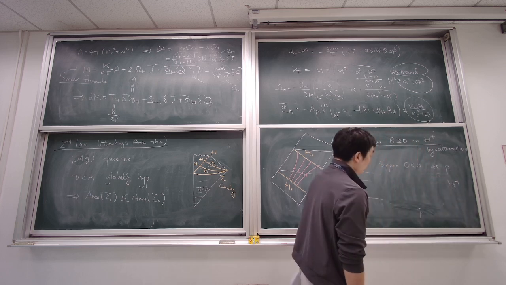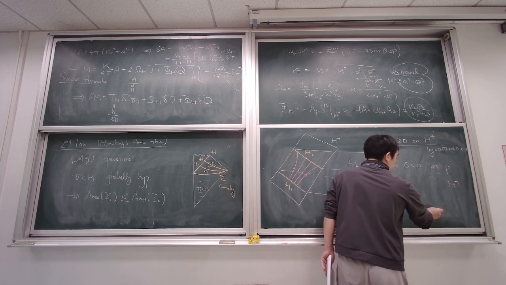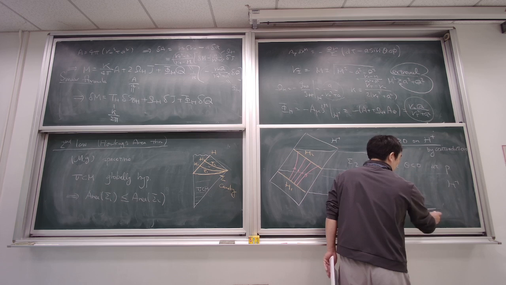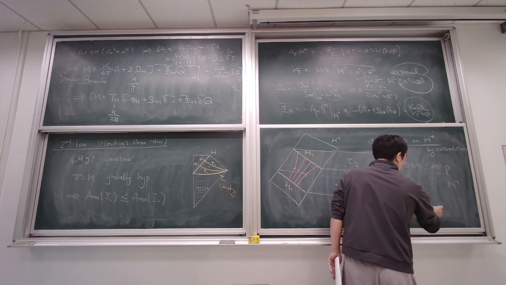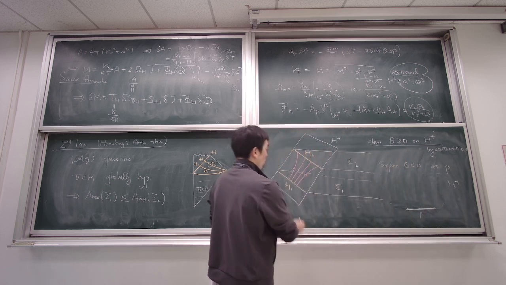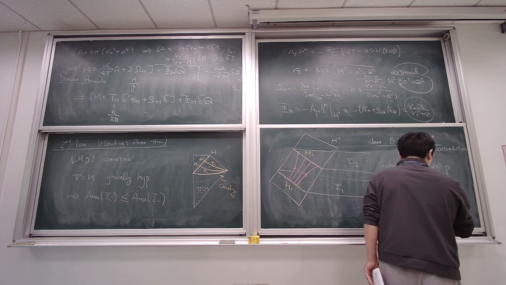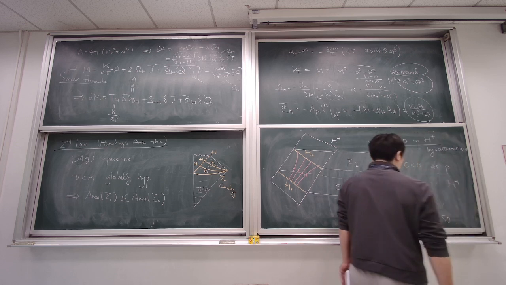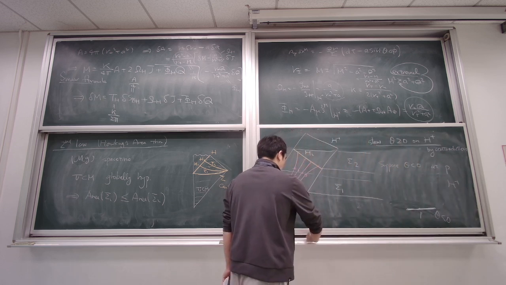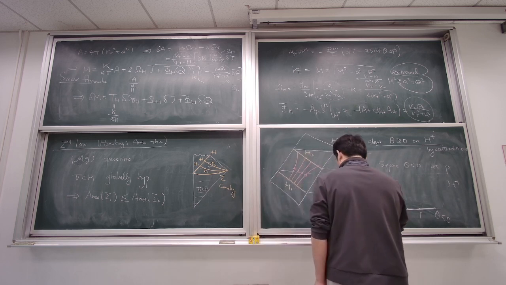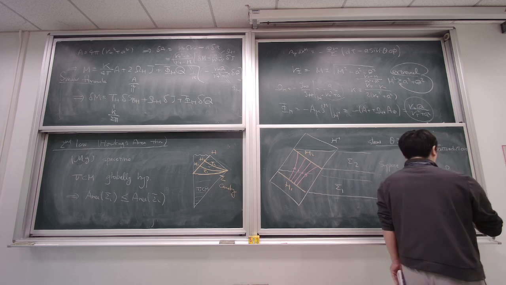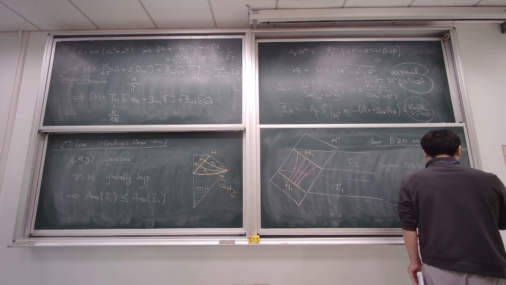And by continuity, you can have any surface, whatever horizon at a constant time, where theta should be less than 0 by continuity. And then, because of the focusing theorem, it tells us that theta is theta 0 over 1 plus theta 0 tau over 2, right?